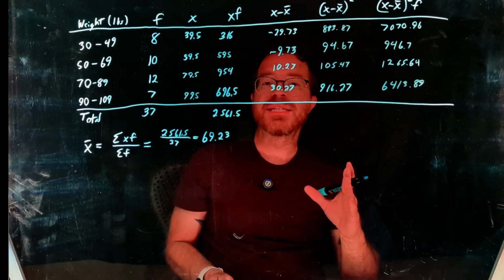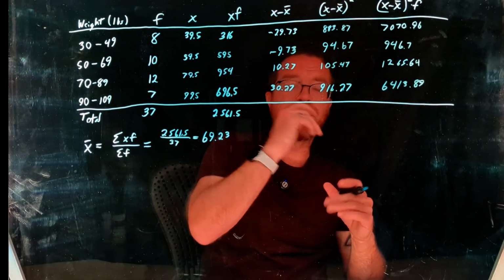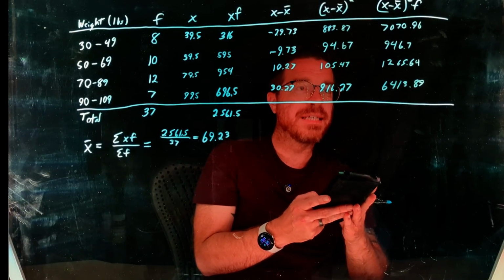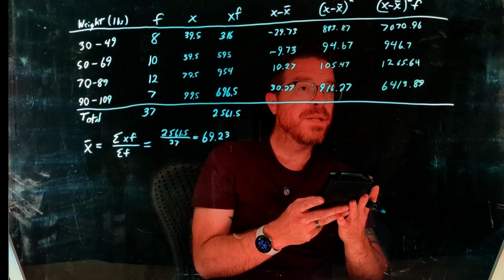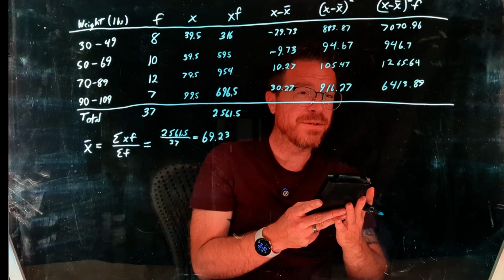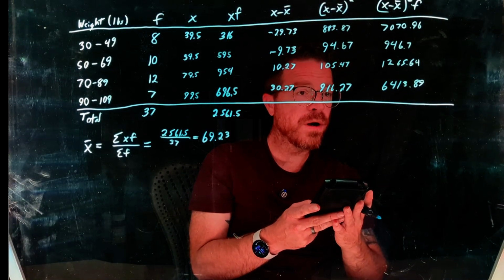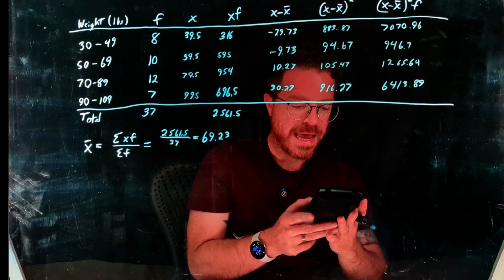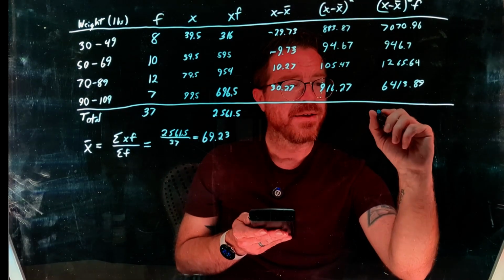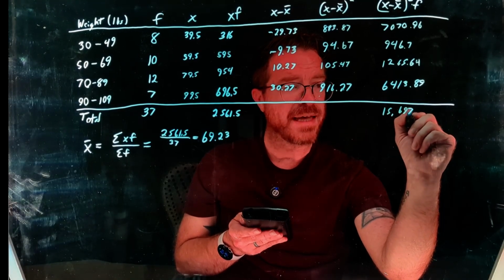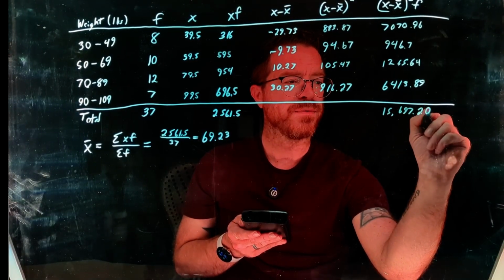And then the last thing we're going to do in this table is we're just going to sum these values up. So this is going to give me 7,070.96 plus 946.7 plus 1,265.64 plus 6,413.89. Add those up together and I get 15,697.20.